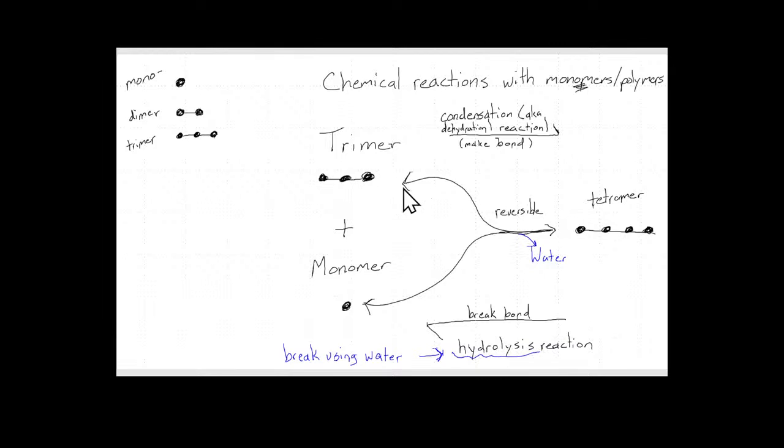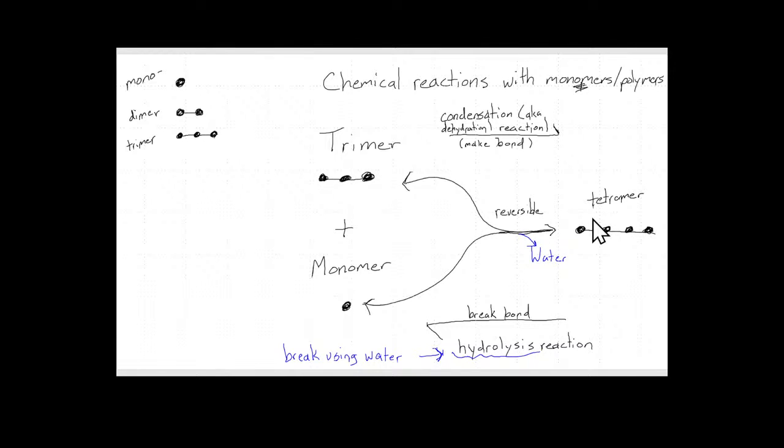So condensation reactions are when we go from small parts to larger parts, and hydrolysis reactions are when we go from a large part to smaller parts. If you look at the word hydrolysis, hydro is for water, lysis is the action of breaking, so this is using water to break apart your tetramer.